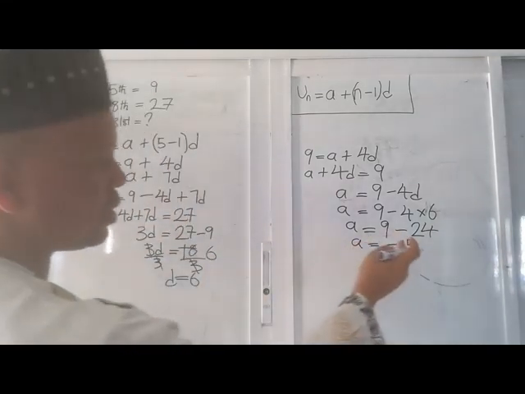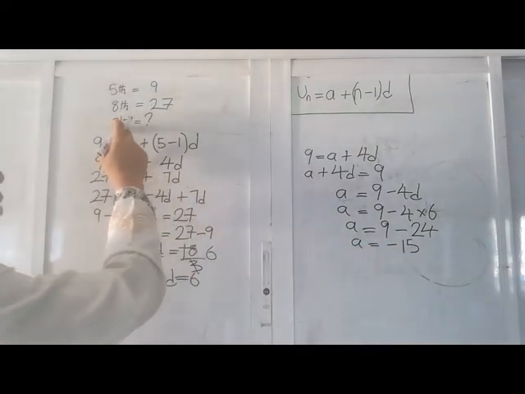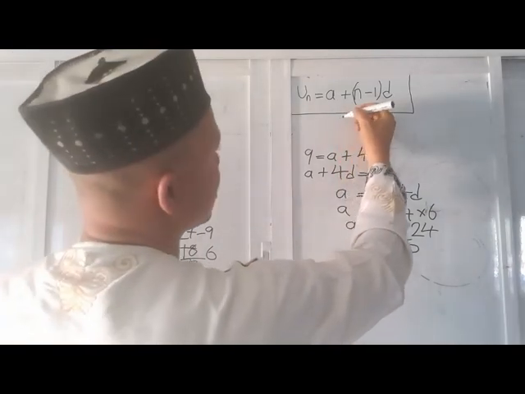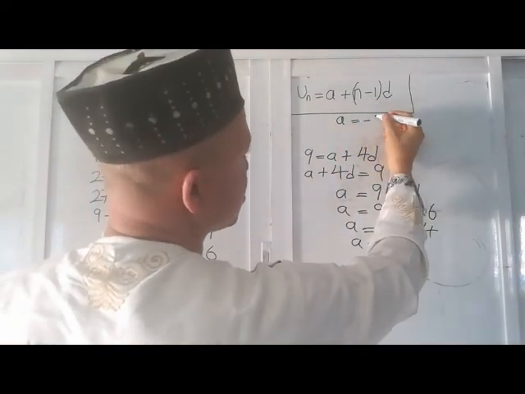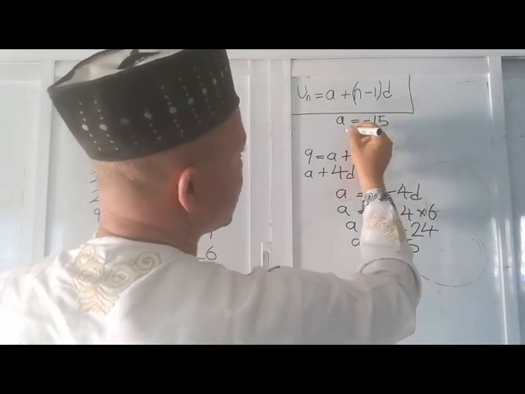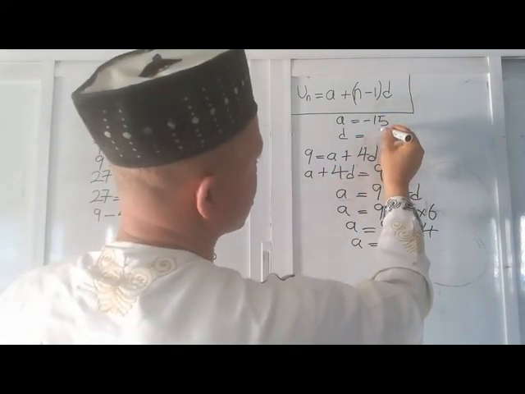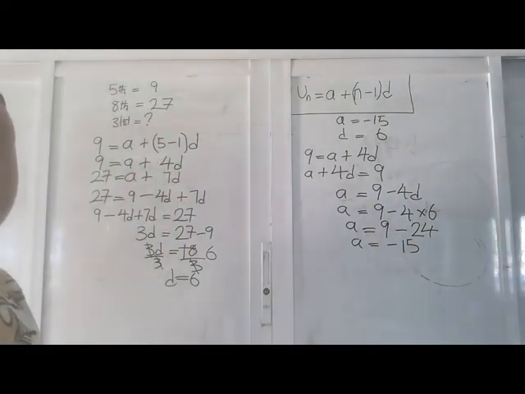And with these two important pieces of information, I can now calculate for the 31st term. Let's quickly write it out here. Our A is equal to minus 15, and our D is equal to 6. So we can now calculate for the 31st term.